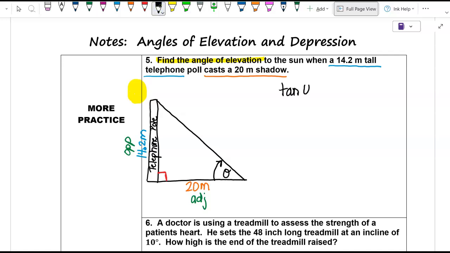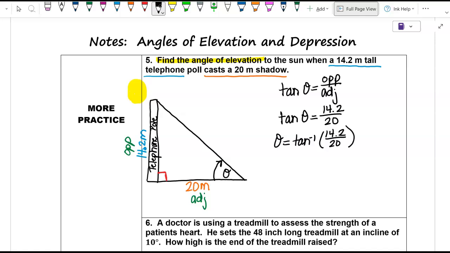So opposite and adjacent is which function? The tangent of theta equals opposite over adjacent. So in this case, the tangent of theta equals 14.2 over 20. So theta is going to equal the inverse tangent of 14.2 divided by 20.